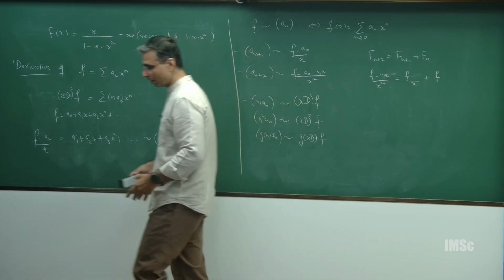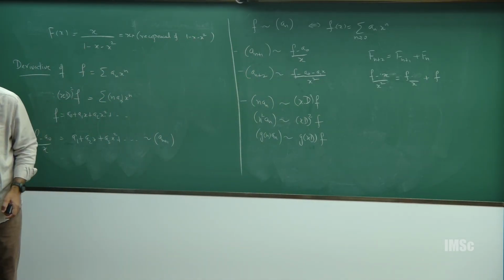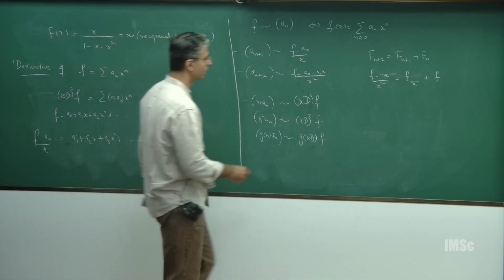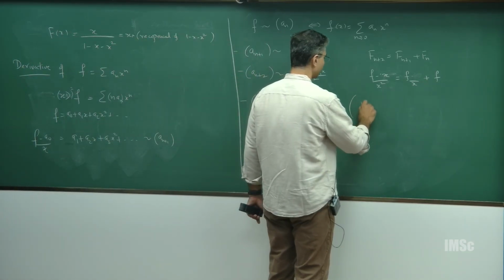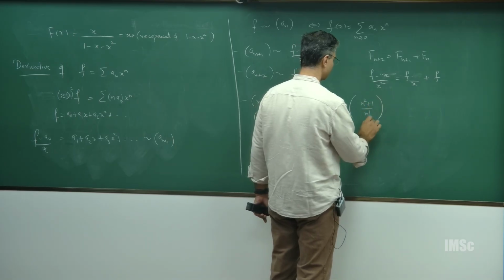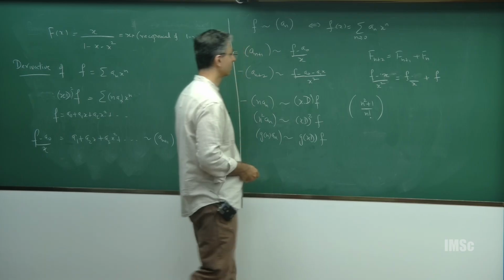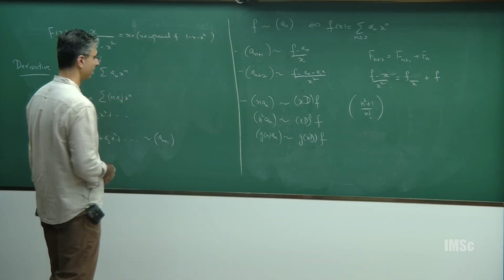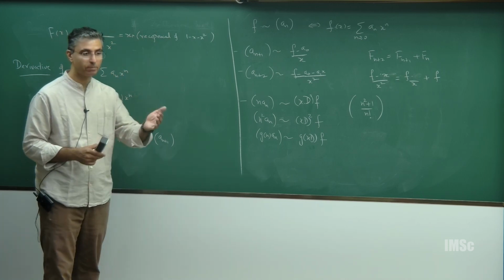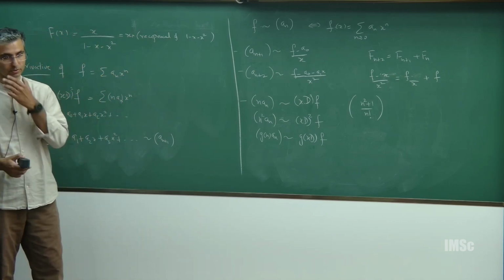Okay. So, how do we use this? What is the generating function for this sequence? Okay, so the nth term is n squared plus 1 upon n factorial.